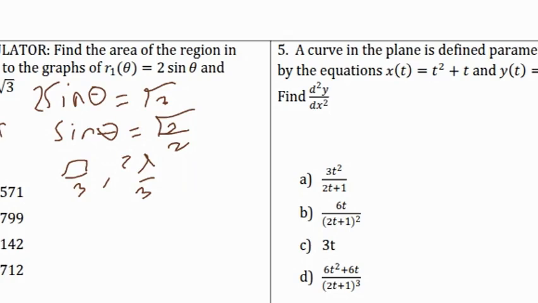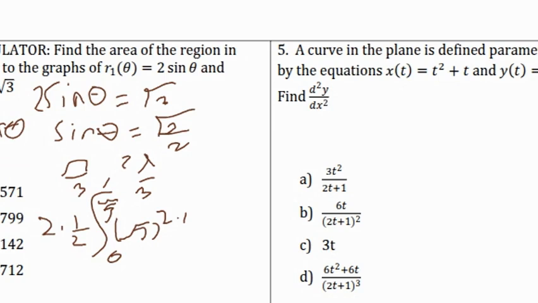r squared d theta. But for common area, we want to make sure there are no slivers, and we also want to use symmetry. Because from 0 to pi over 3, square root of 3 is smaller, we use that first. So we go from 0 to pi over 3, and we are using symmetry to make sure we cover every gap from pi over 3 to 2 pi over 3, and we're also making sure we cover all the first coordinate, so we get all of that right as well.